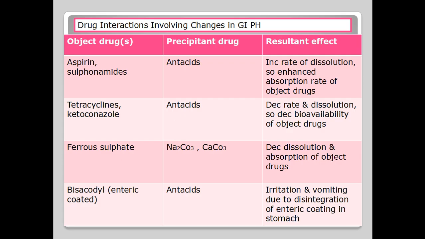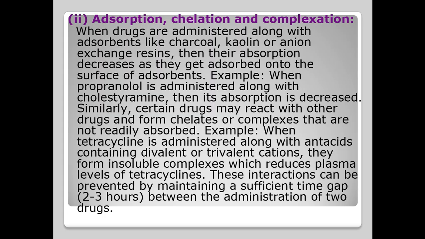Bisacodyl, which is enteric coated, when given along with antacids, leads to irritation and vomiting due to disintegration of the enteric coating in the stomach. So the enteric coating of the bisacodyl tablet is getting disintegrated because of antacids. So it leads to irritation and vomiting.